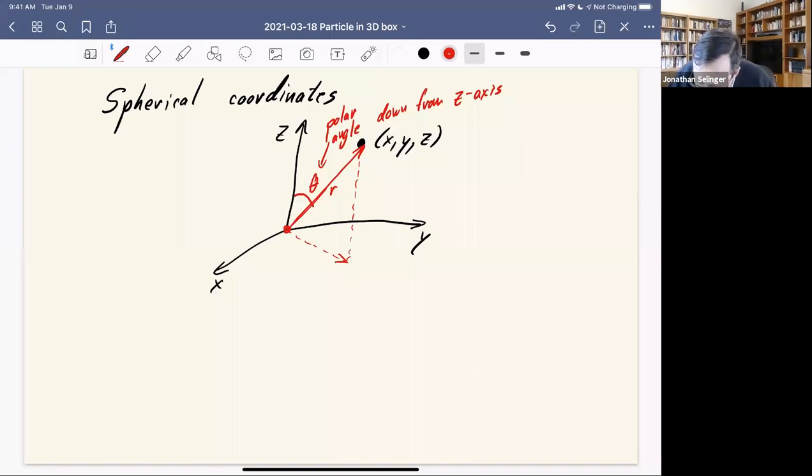And then we have another angle, phi. That's the angle with respect to the x-axis in the xy plane. And this is an angle called the azimuthal angle. Okay, and this is going around from the x-axis.